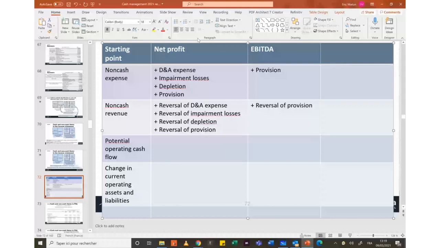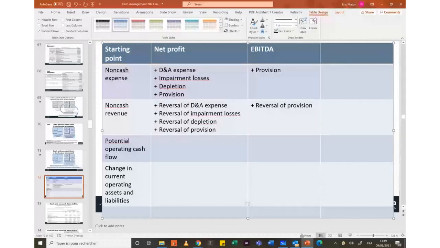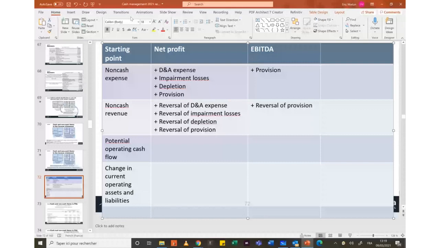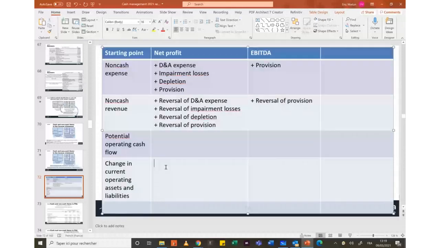Because you have already the income tax, you need the change in deferred and current tax liabilities or assets.